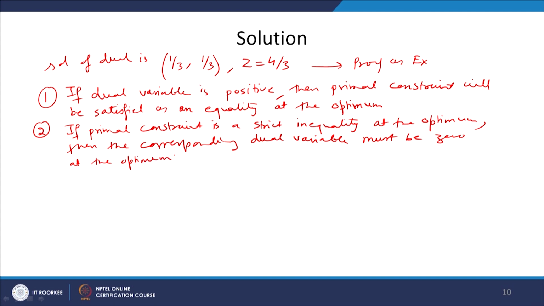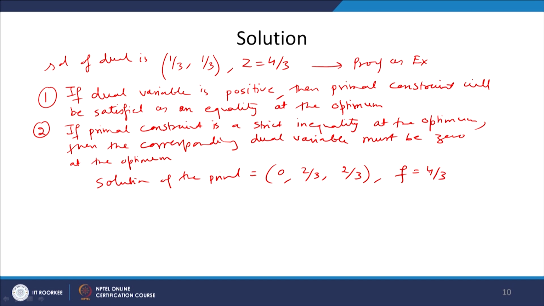And using these two conditions, we can easily see that the solution of the primal is 0 comma 2 by 3 comma 2 by 3 and f is equal to 4 by 3.